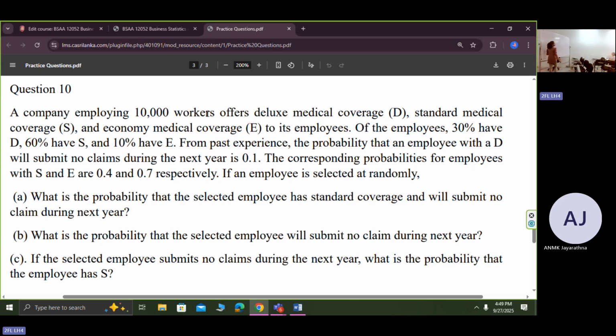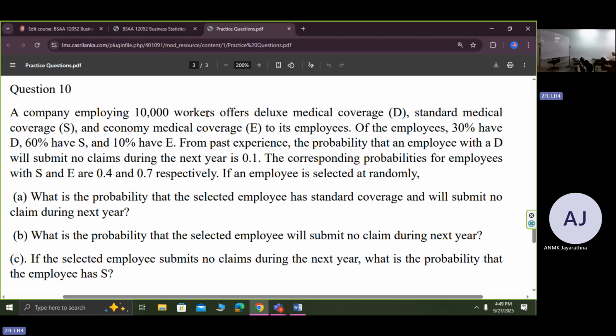What is the probability? 0.34 is the probability that the selected employee submits no claim during the next year. Now clear? This concept we call the total probability law. Part A is only the joint probability, the intersection. Clear?